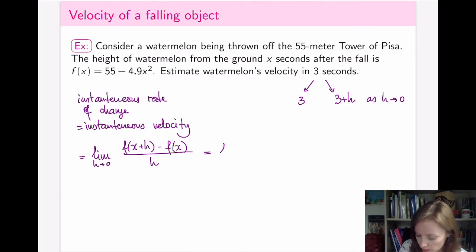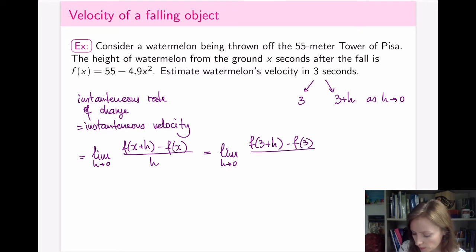Let me rewrite this one more time, but now with 3 for x, because this is where we're interested in it. So f of 3 over h. And now I actually have to plug my function in. So f of 3 plus h means that I have to replace this x by 3 plus h.